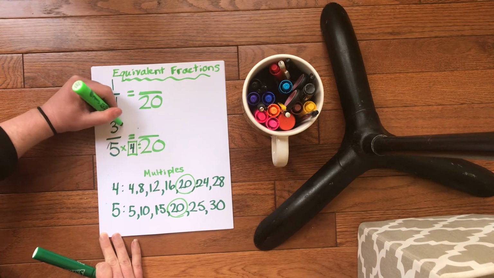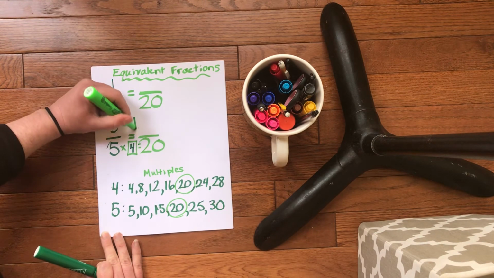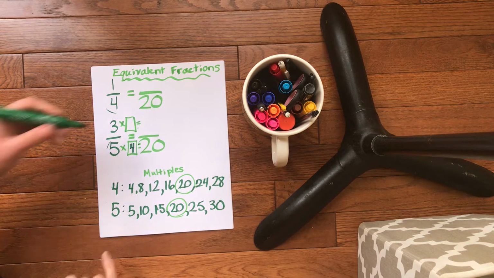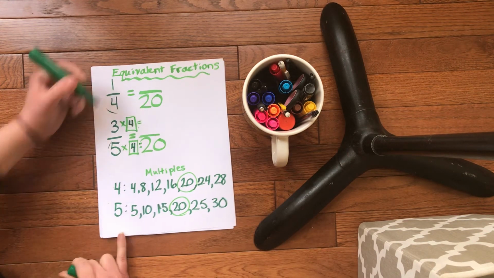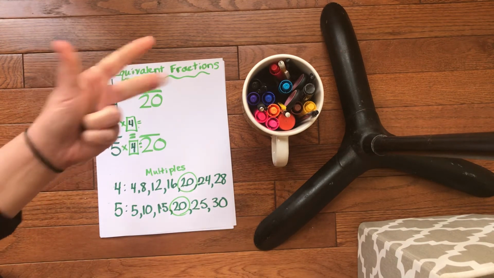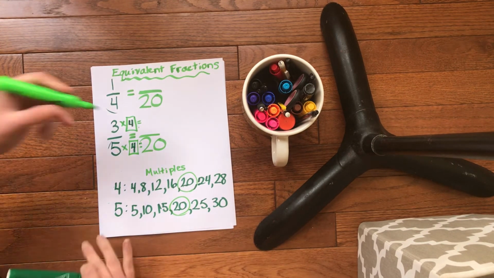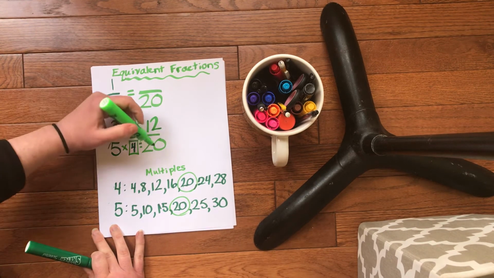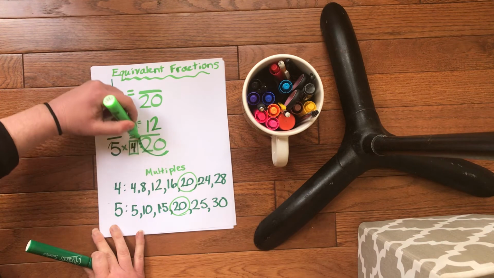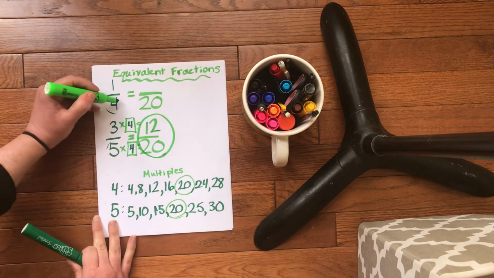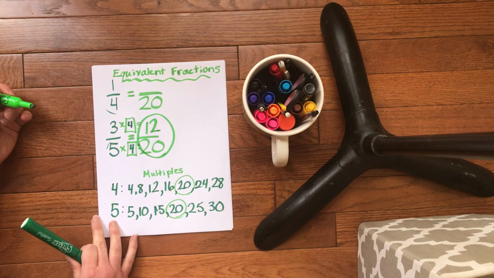On the bottom, we've got to multiply this one times 4 as well. 3 times 4 equals 12. Now look at that. Our new fraction is 12/20.